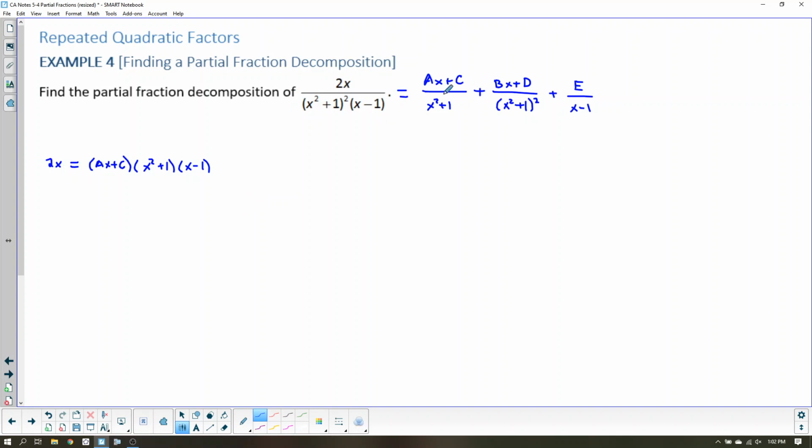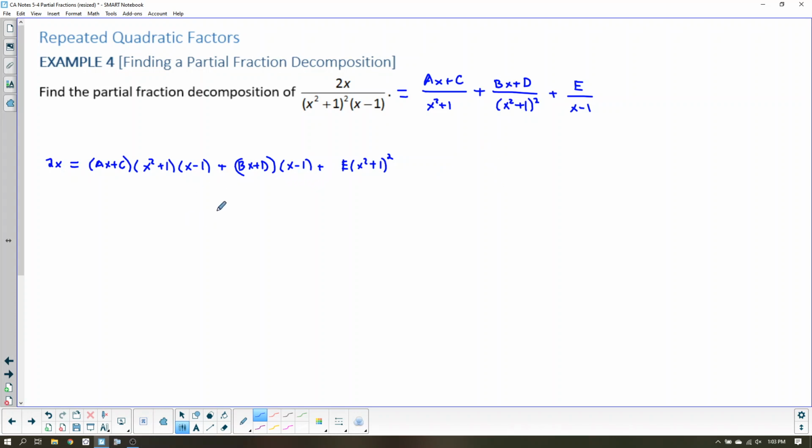This multiplied by that, only one of those x squared plus 1's cancel. Okay, so then the next one, it's going to cancel this completely, leaving just x minus 1. And then multiply this by the last one, and you have just this. So just the x minus 1's cancel.